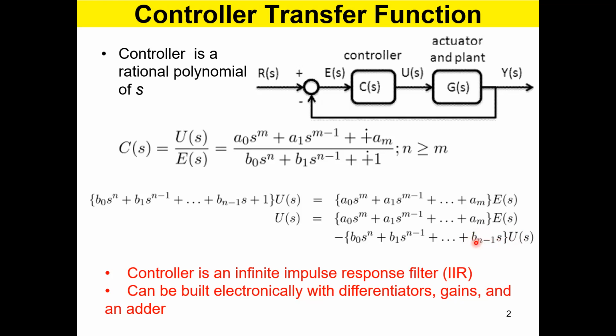Again, you differentiate, multiply, differentiate, multiply, differentiate, multiply, like that. So now the problem has converged to differentiation, multiplication, and then addition. If we can do that on actual hardware, we can build this controller.